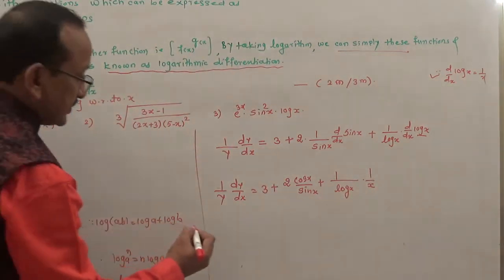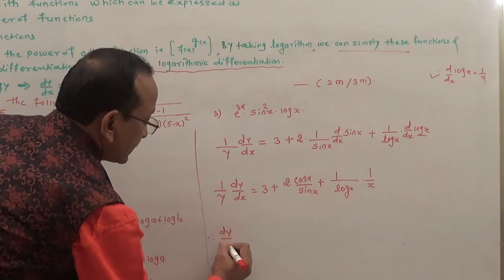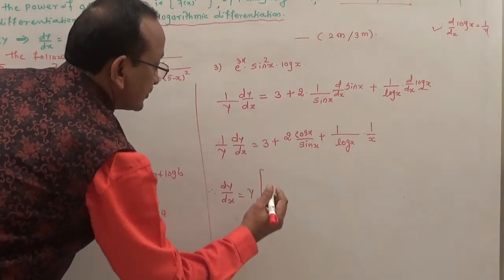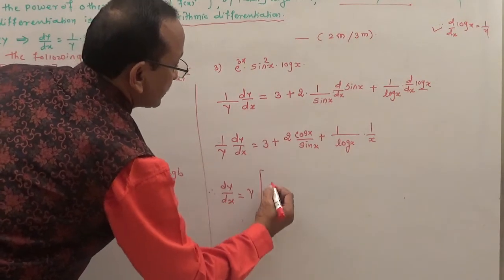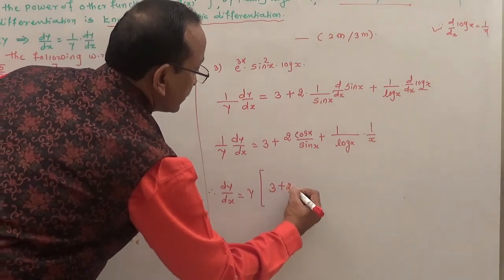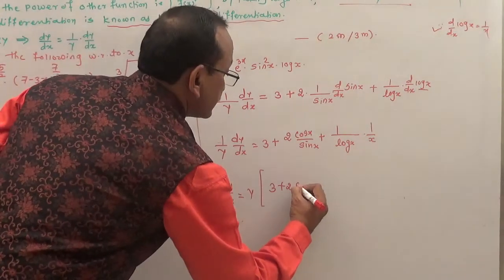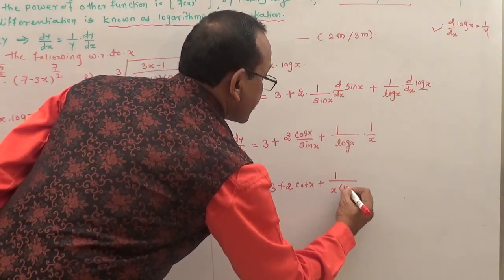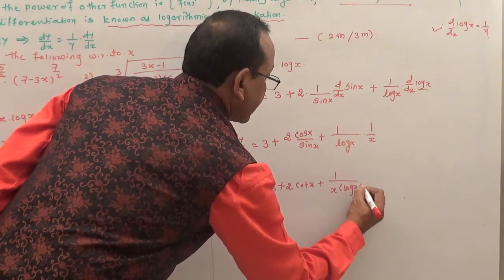So it can be written as dy by dx is equal to y times, taking this y on this side by cross multiplication, 3 plus 2 times cot x plus 1 upon x times log of x.